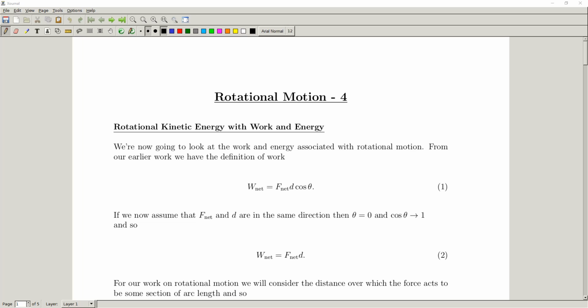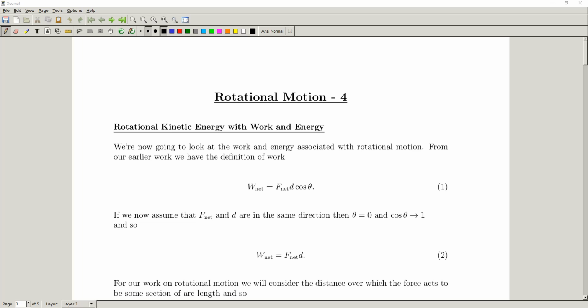So we started off generalizing all these expressions that we used in linear systems to these equations that we can now use in rotational systems. So we're well equipped to deal with problems in rotational kinematics. Then in the third module, we moved onward, and we started looking at rotational dynamics, right?